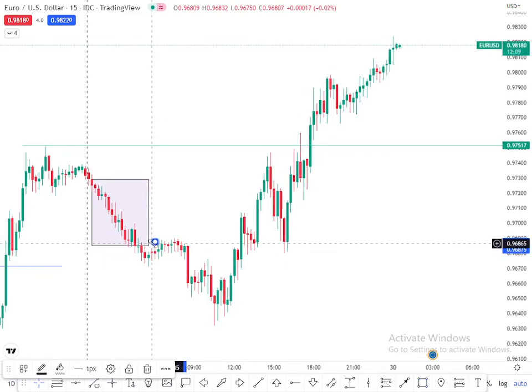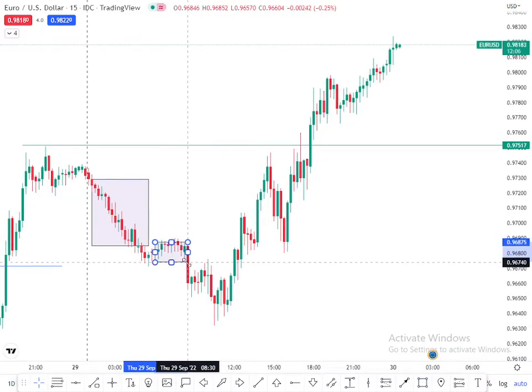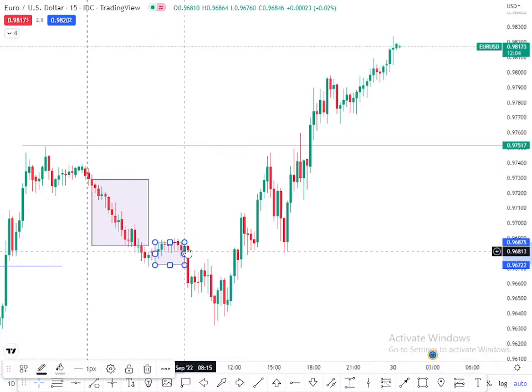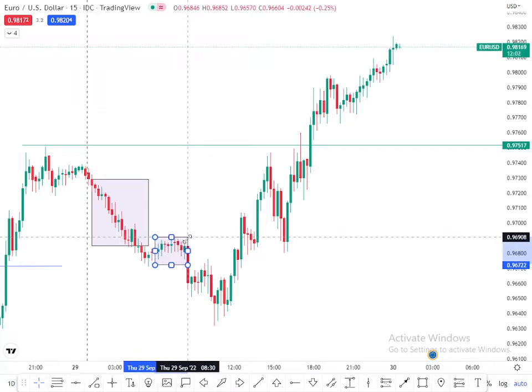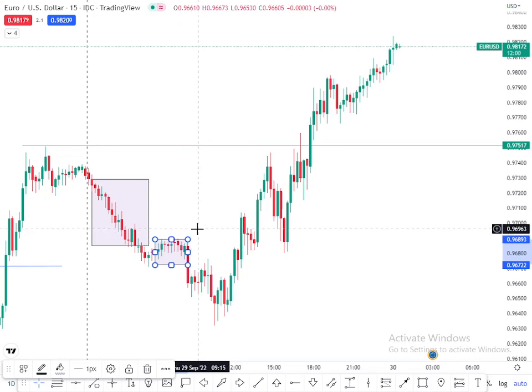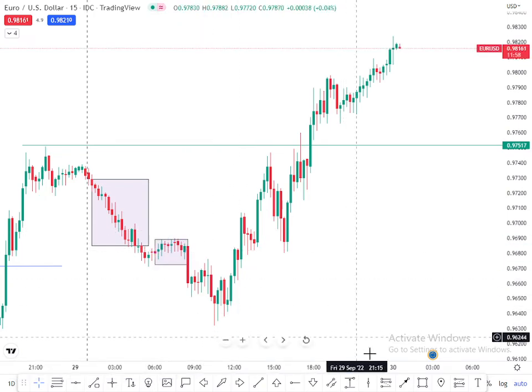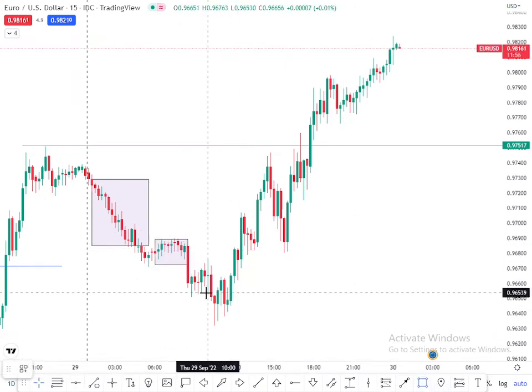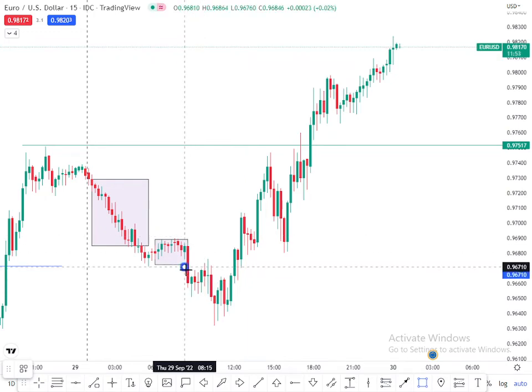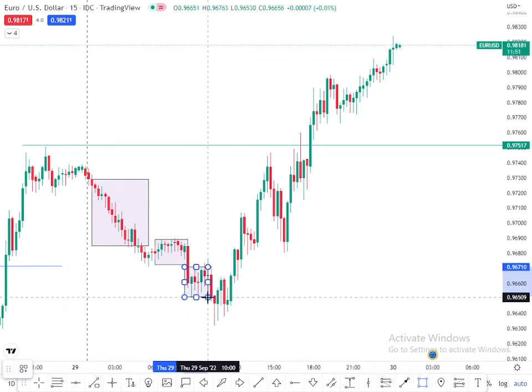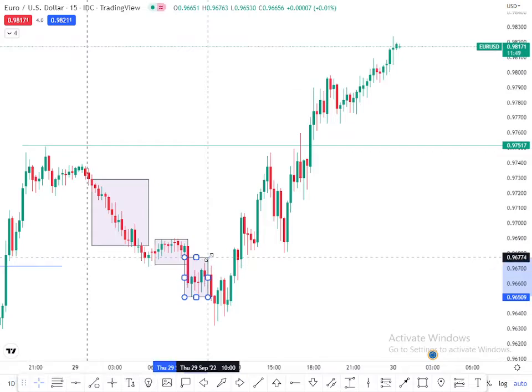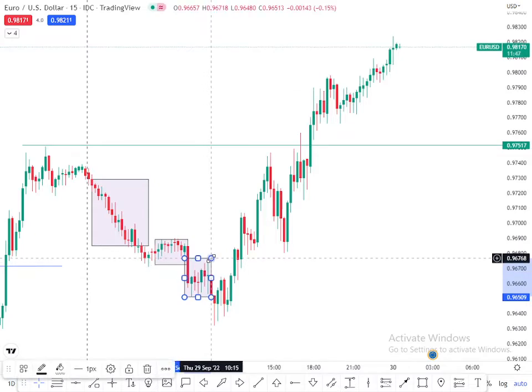Once that consolidation level has been broken, this is just a sketch, not ideally the correct thing with how the market moves. I'm just giving you a rough outlook of how the market maker buy model would have looked.